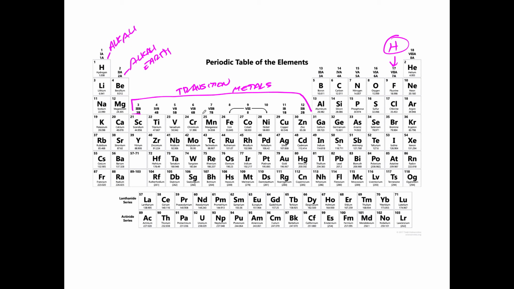They're called that because they transition from the metals to the nonmetals, and realize the metals actually come over here to the line. So I'll draw this line again. They're the metalloids, and as we go to the right, more and more they become more like nonmetals.